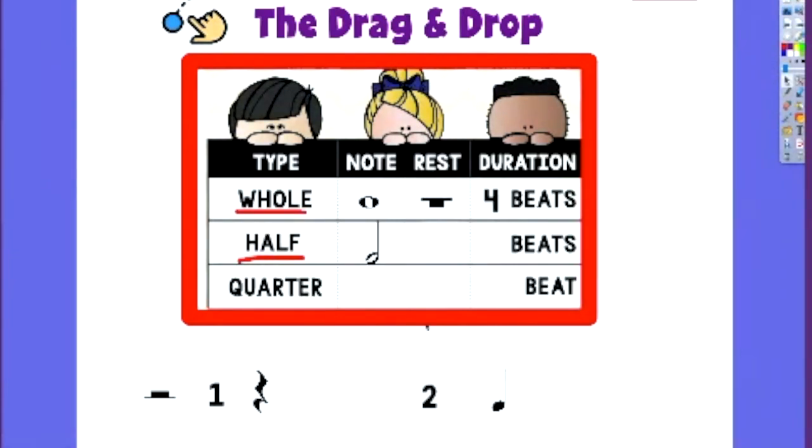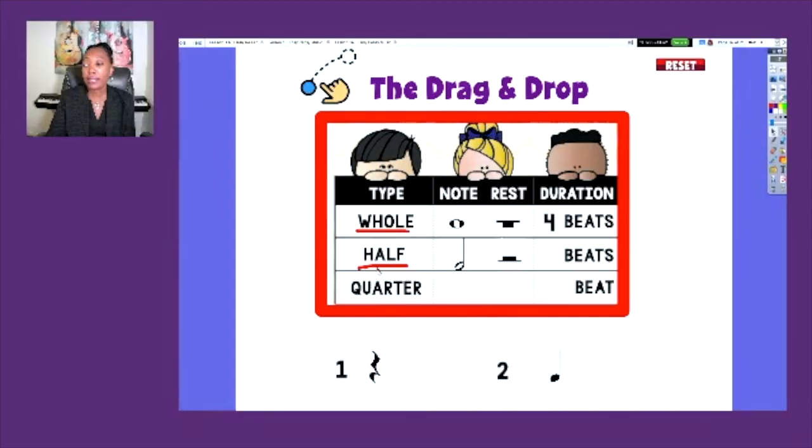And what about our half rest? Well, we know the half rest sits on the 3rd line, and we can think of our snowman hat, and that is this symbol here. And how many beats does a half rest get? It gets 2 beats. So I'm going to put my number 2 there.